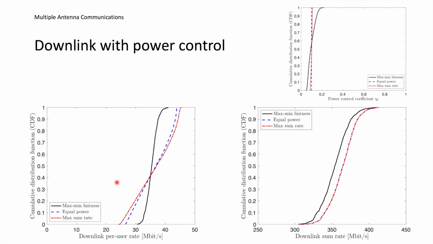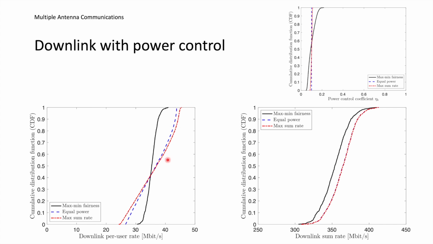If we are looking at the downlink per user rate for a randomly located user in a random drop, we can see that we get some different curves for different methods. With maximum fairness, we get, as expected, the best rate in the worst cases down here. If we are instead maximizing the sum rate, well then we are focusing the attention on the best users, the ones with the strongest channels.